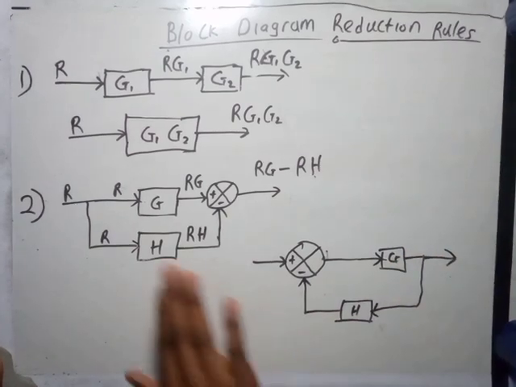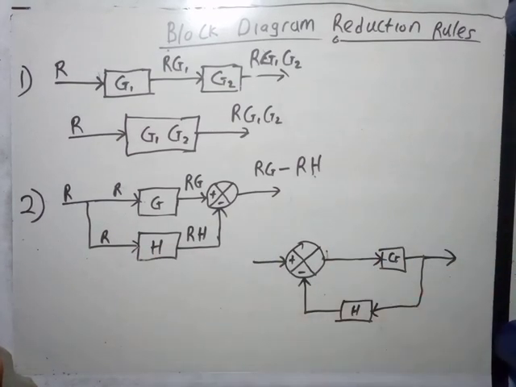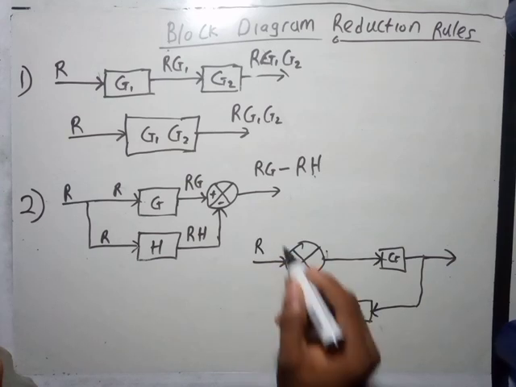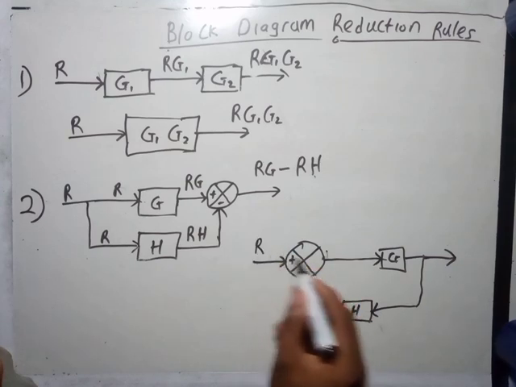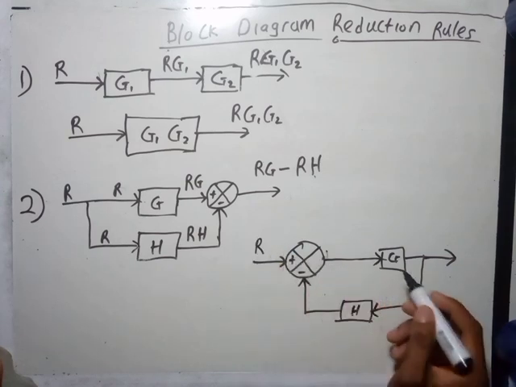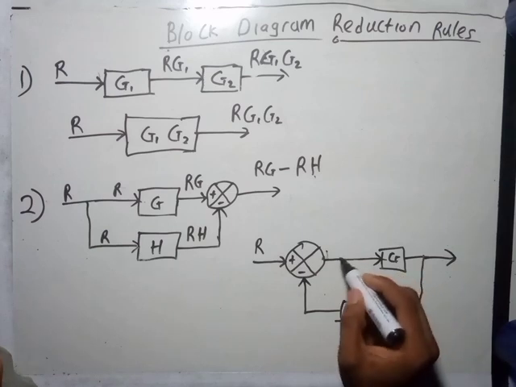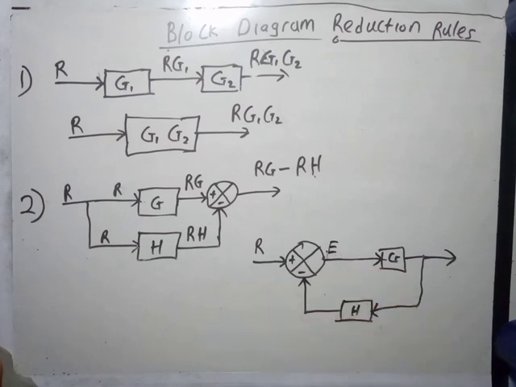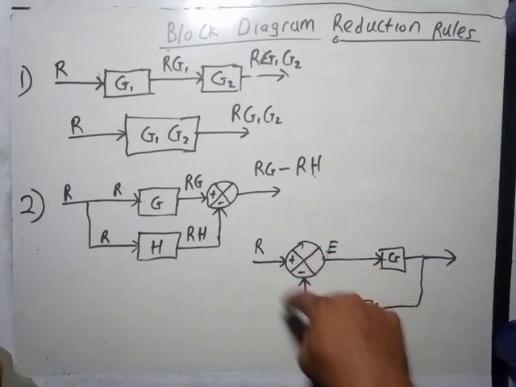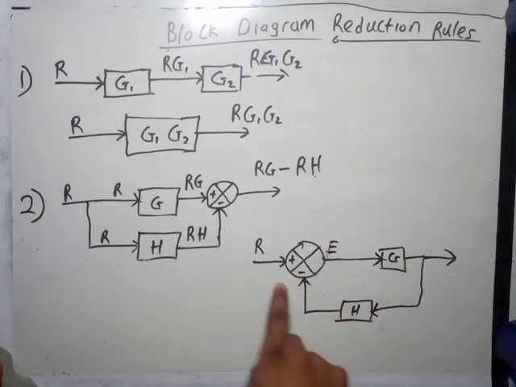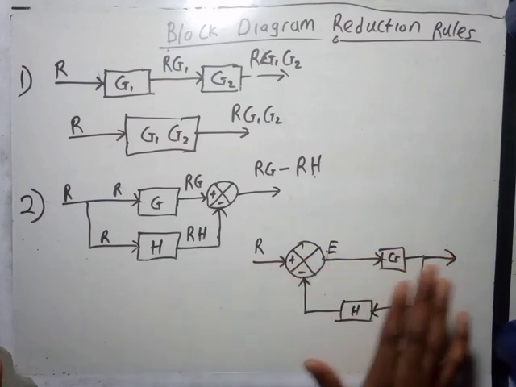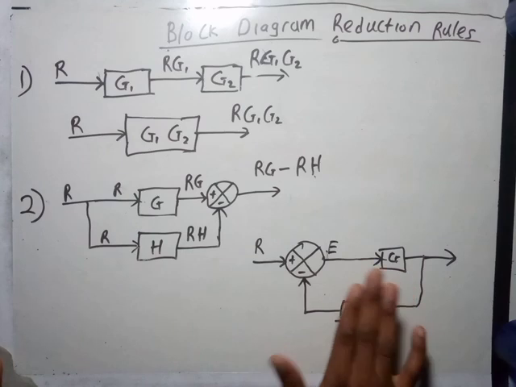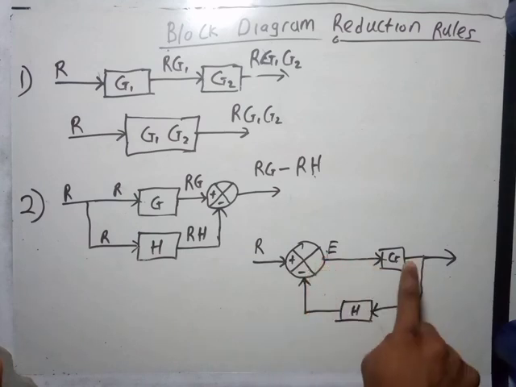In this case, you might not even have the same output. Let us try and see what our output will be here. So let's say here will be R. When it passes through here, whatever we get here has to be E. Let us call it E, which is our error signal, as the product of whatever we got from the output. So we can't call it R now, any other signal now is just E. So let's say our E is going in here.